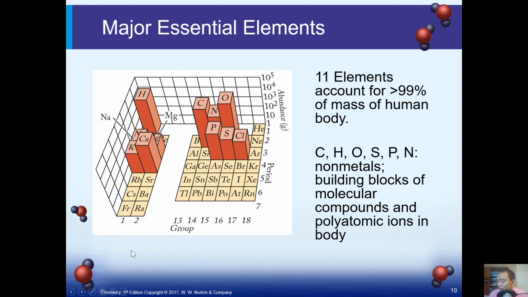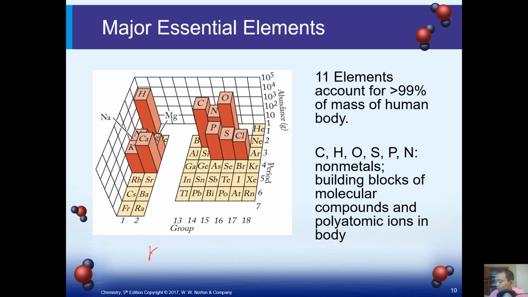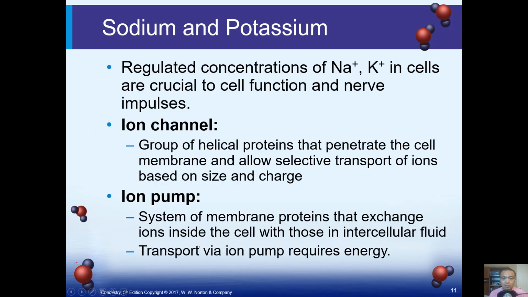For example, potassium will exist as potassium ions. Okay. Calcium will exist as calcium ions, etc. The regulated concentrations of sodium and potassium ions are crucial to cell function. For example, too much sodium ion is associated with hypertension.